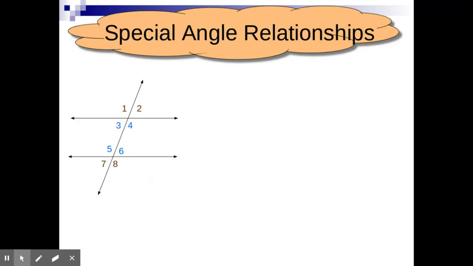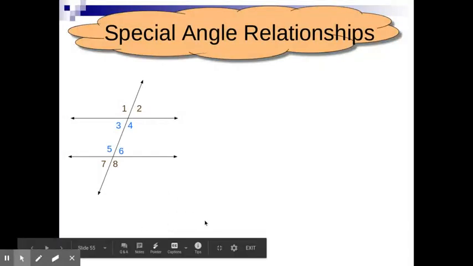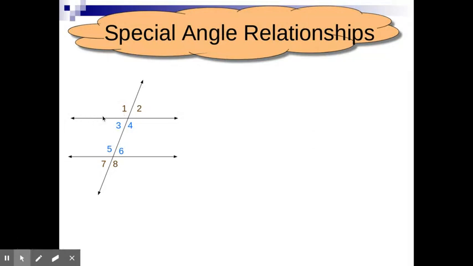Looking at this diagram, we can't label any angles complementary, because two complementary angles add up to a 90-degree right angle, and we don't have any of those. But supplementary angles are two angles that make a straight line. So for example, 1 and 2 are supplementary because they both share this straight line.